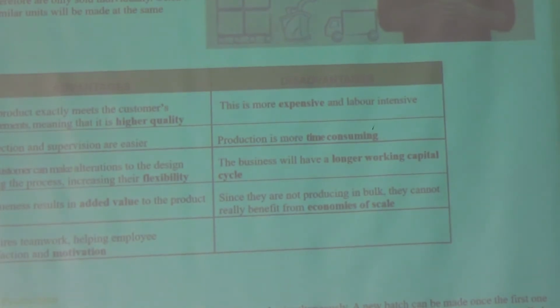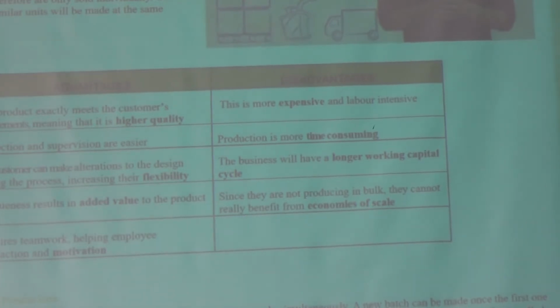Because it's slower, companies will need to have more cash flow available. So that's called a longer working capital cycle. So it takes longer to produce things, so it's longer to get income. So in that case, we have to be careful with our cash flow. So there you go, no economies of scale.